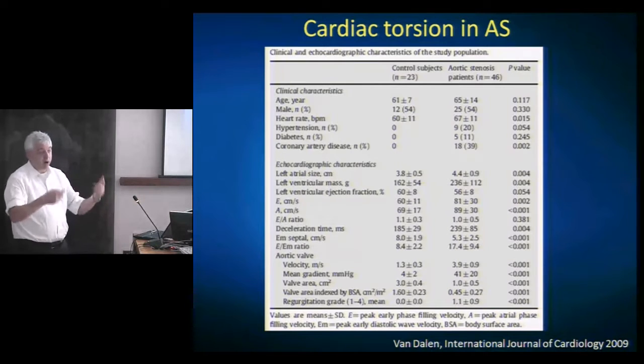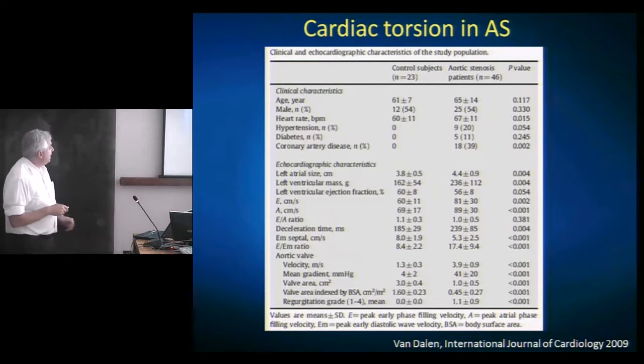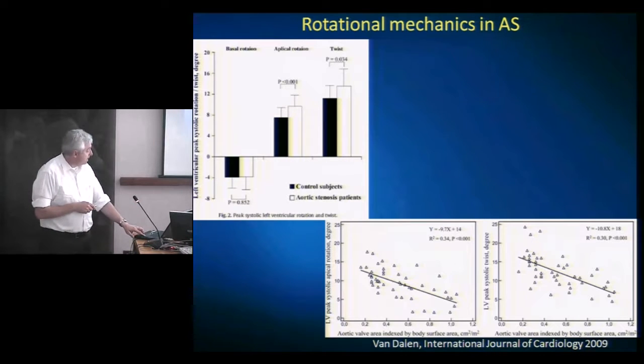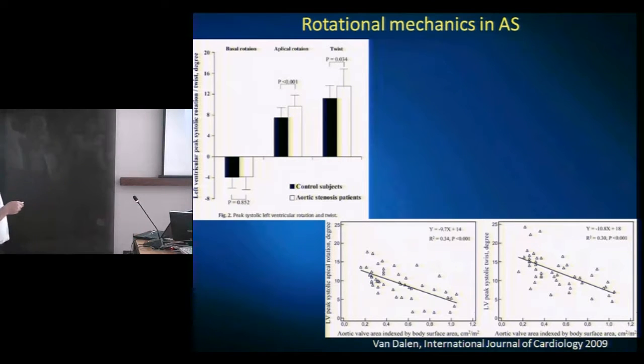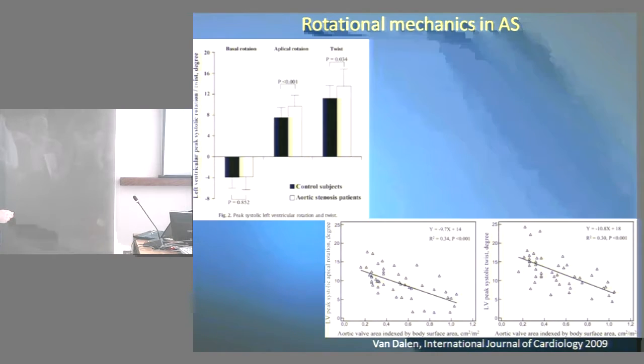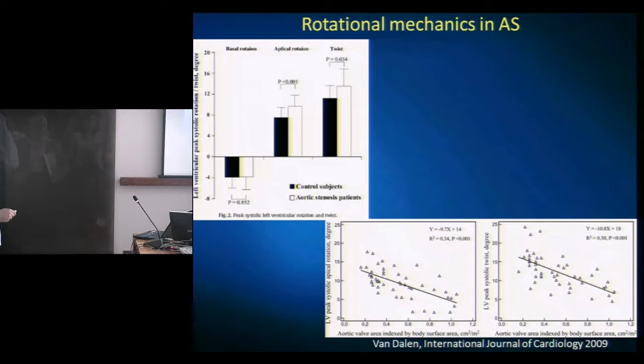I think also that part of it may be that adaptive mechanism I'm talking about. But what you see actually, and here's the data, here is increased twist. Twist and torsion are similar, just one is corrected for length. So you have more apical rotation, you have the same basal rotation because of those subendocardial fibers being decreased in their strain, and increased twist overall.